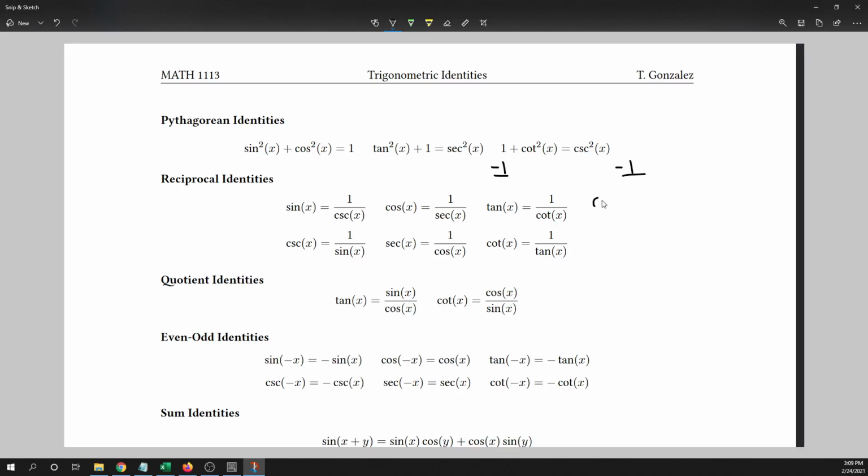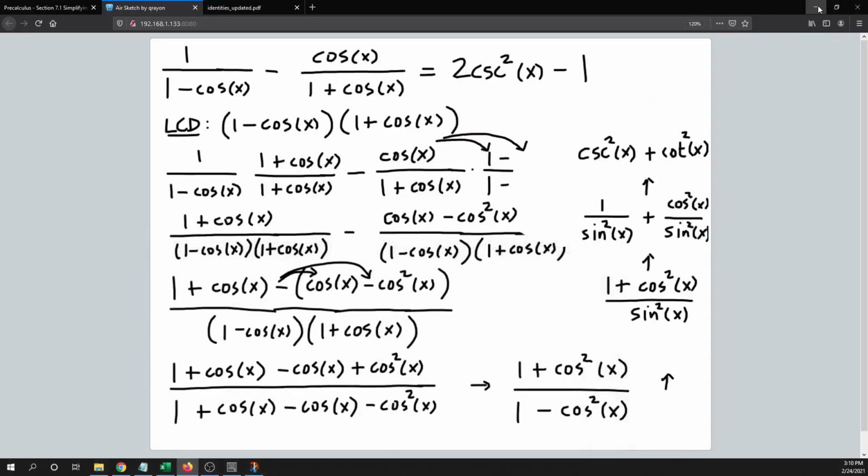And that would give us cotangent squared is actually equal to cosecant squared minus 1. Okay? And so that's what we're going to do. We are going to replace cotangent squared by cosecant squared minus 1 right here.